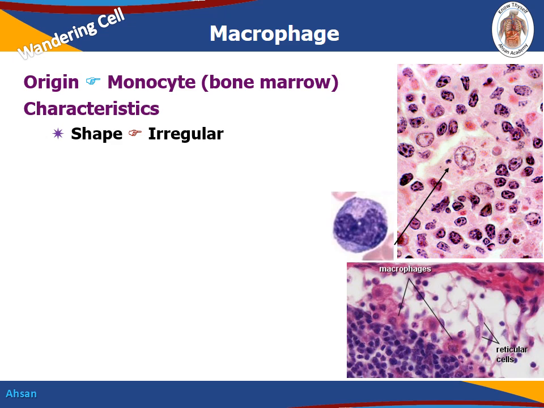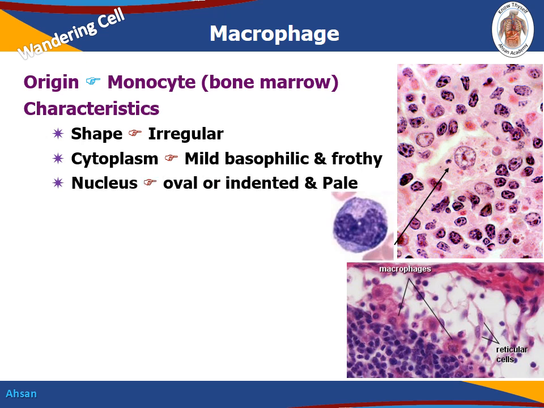The shape is irregular, you can see, and the cytoplasm is mildly basophilic, frothy in appearance because of the engulfed substances. This frothiness or number of granules depends on the number of engulfed vesicles. The nucleus is oval and has an indentation.